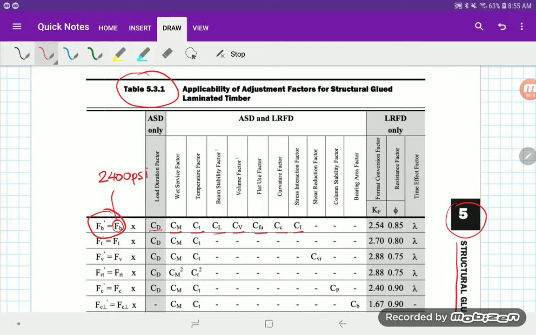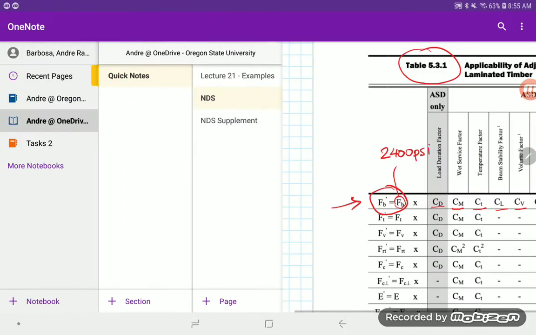We need to account for all of these. Because I'm working with bending, I need to write this whole equation and then look one by one at what these factors mean and where they show up.